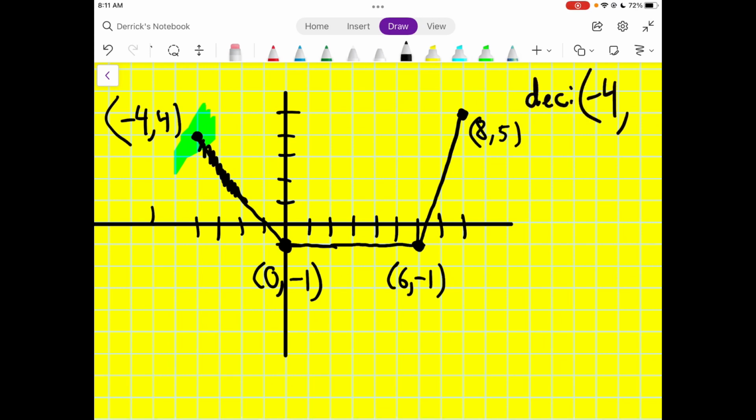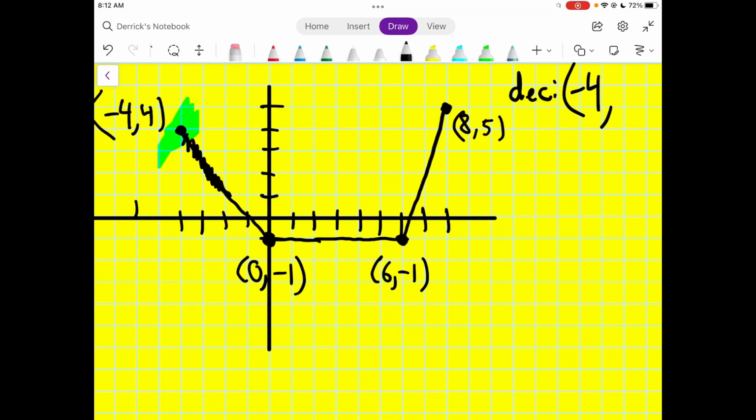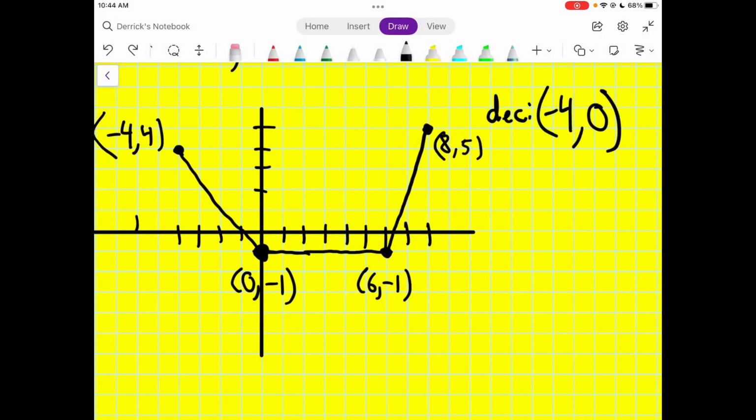And I just need to figure out where that interval is going to end. If we trace along here, it looks like it ends right here at this point of (0, -1). So the x value being 0 means that's where I would end the interval. So my next interval should start where my last one ended, meaning since this decreasing interval ended at 0, I should be starting my next interval at 0.